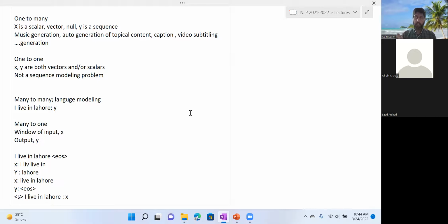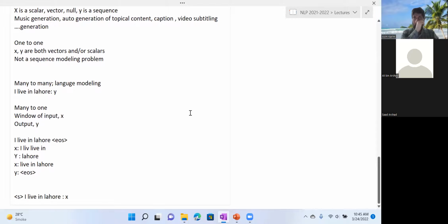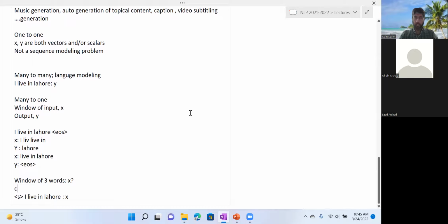One of the limitations of sliding window is you always have a fixed context, whatever you have defined. So in this case, we have defined a context of 3 words, and then you represented those 3 words as some vector. What would that vector be? So let's say window of 3 words. Okay. So what would X be? So X would be, for example, a concatenation of embeddings of those 3 words.